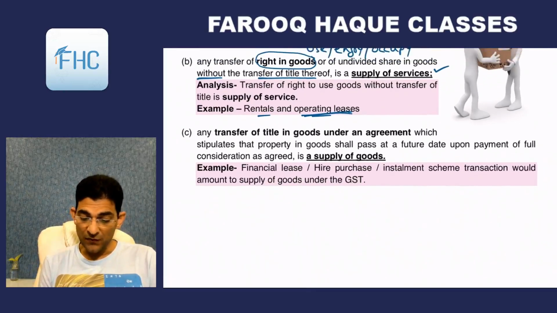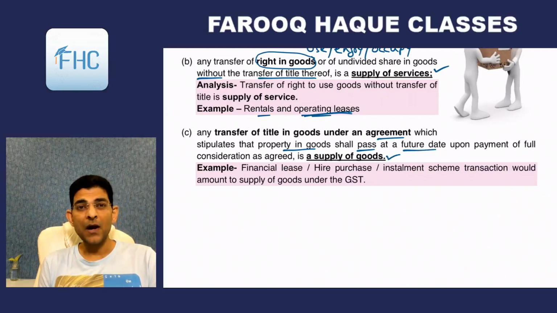Then any transfer of title in goods under an agreement which stipulates that property in goods shall pass at a future date upon payment of full consideration as agreed is also supply of goods. Very simple. Hire purchase and installment schemes will be called goods.